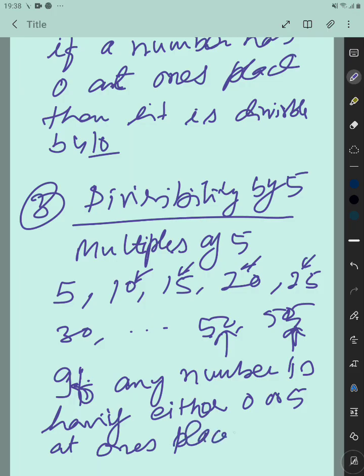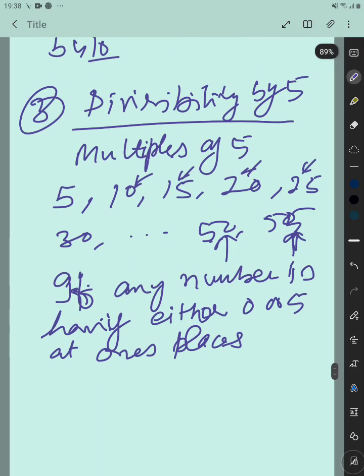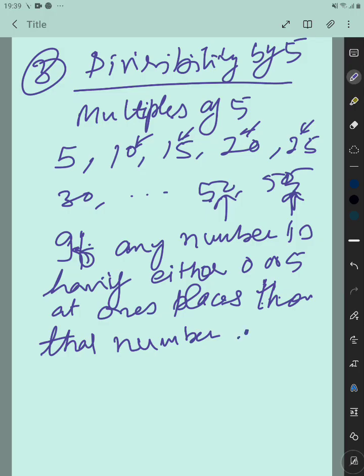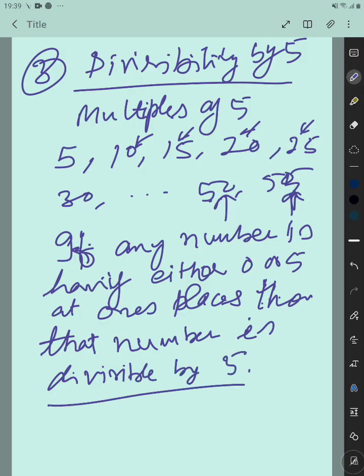So we need to keep in mind one's place, then that number is divisible by 5, okay. So this is our conclusion, fine.